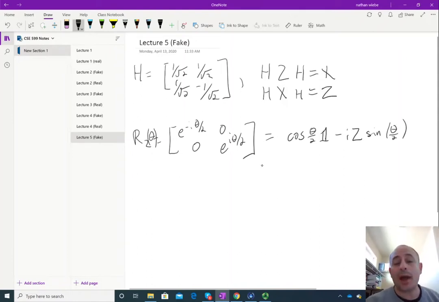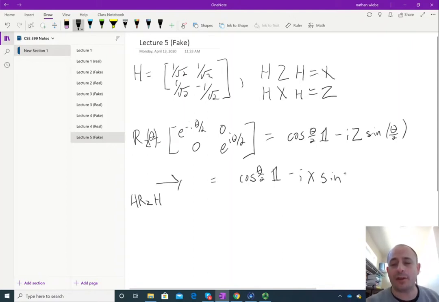Now by Hadamard transforming this, we end up getting H Rz H equals cosine theta over 2 identity minus i X sine theta over 2. And by using Taylor's theorem, we can show that this is equal to e to the negative i X theta over 2, which equals Rx of theta.